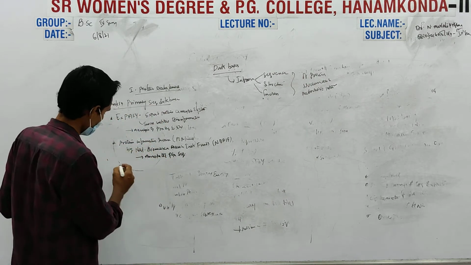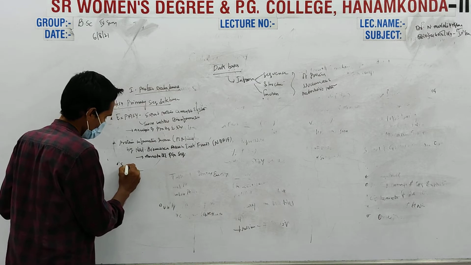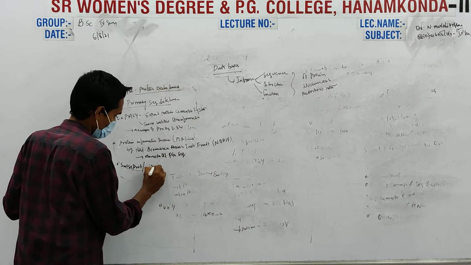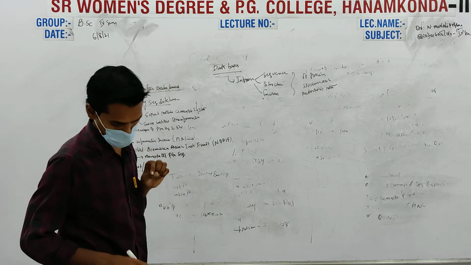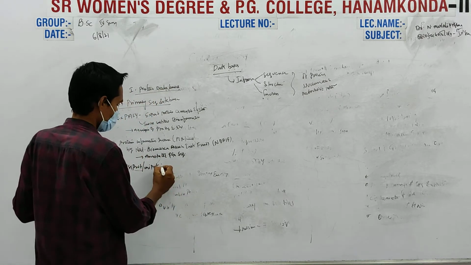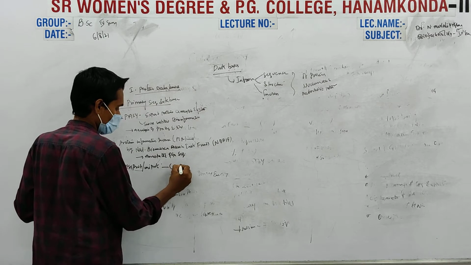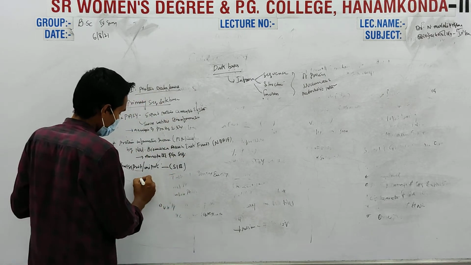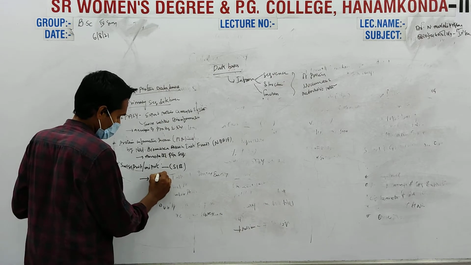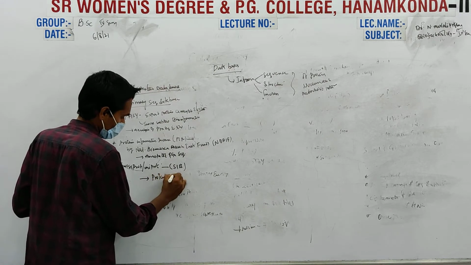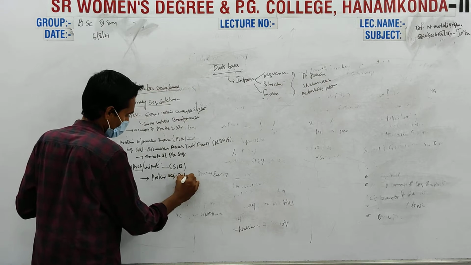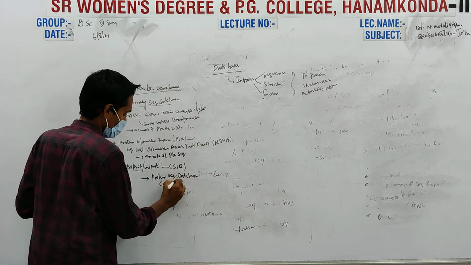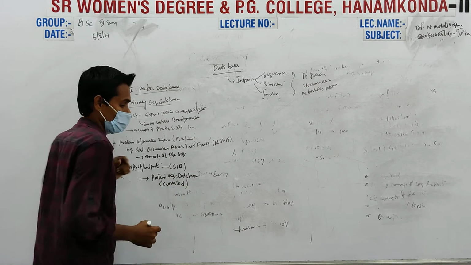Next one is Swiss-Prot or UniProt, which is given by SIB, Swiss Institute of Bioinformatics, which contains the protein sequence databases which are modified.